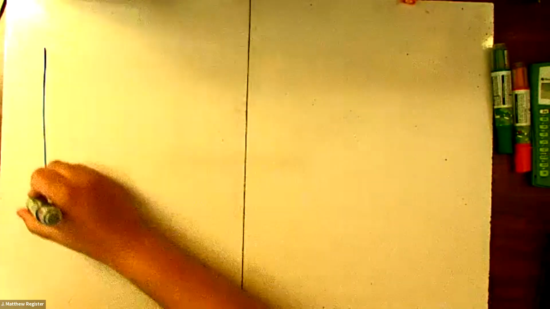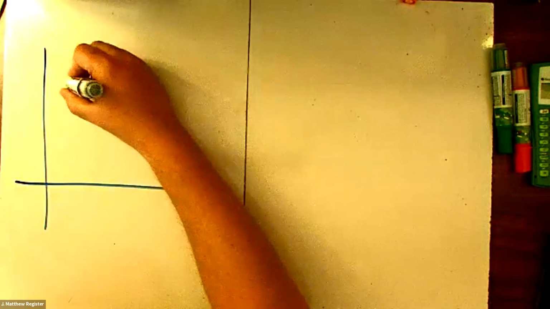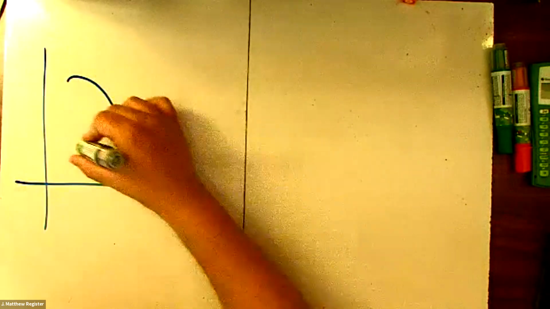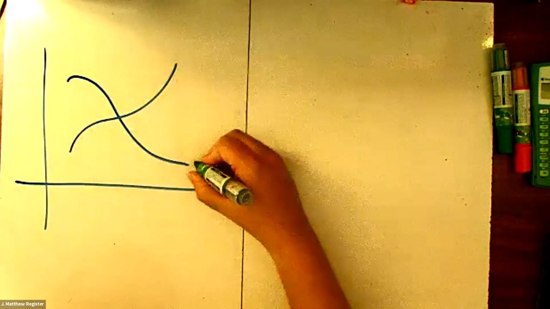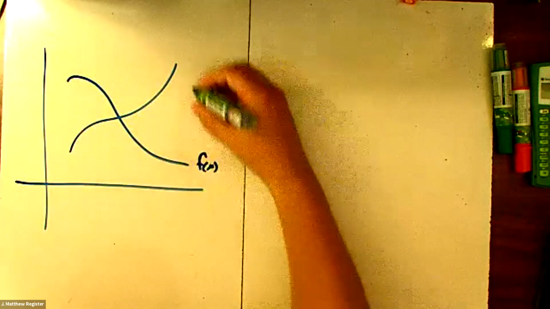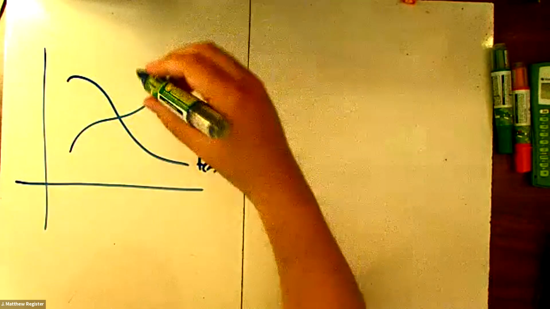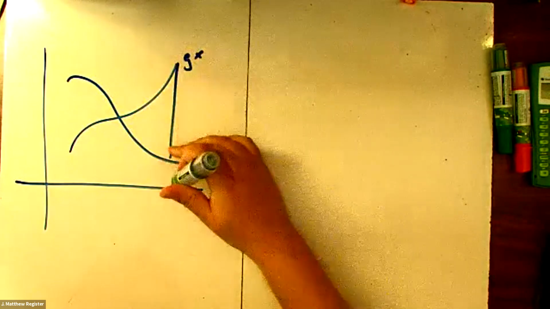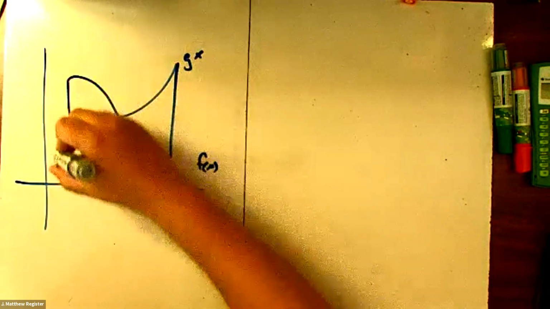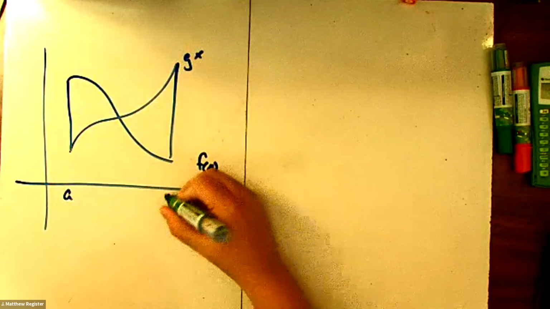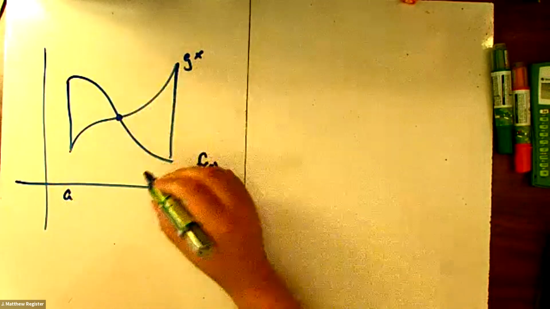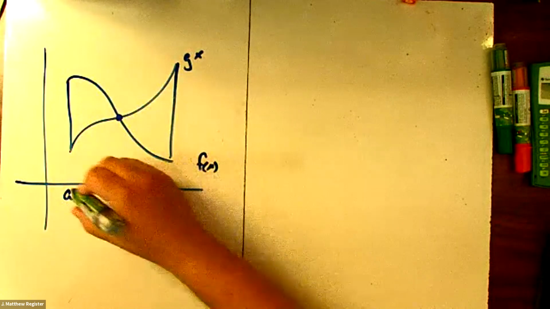And so let's do the same graph, but now we're going to have f come down like this, and we'll have g come up like this. And we'll still be going just from a to b, let's say. But then we're going to have a third position over here at c.